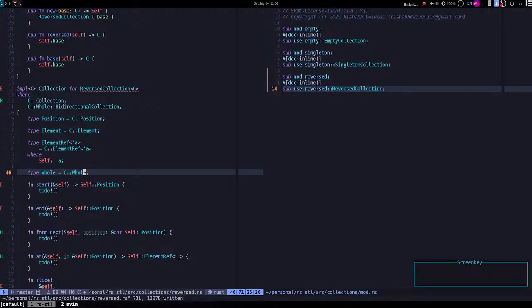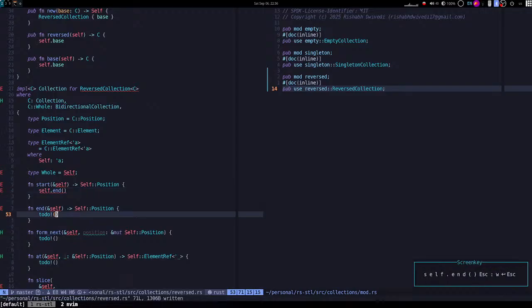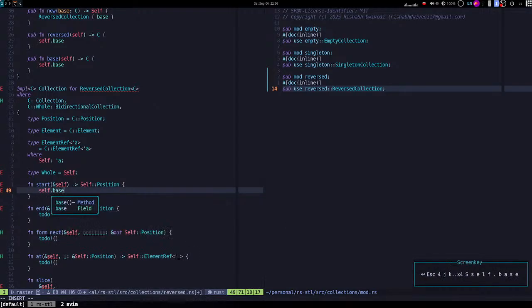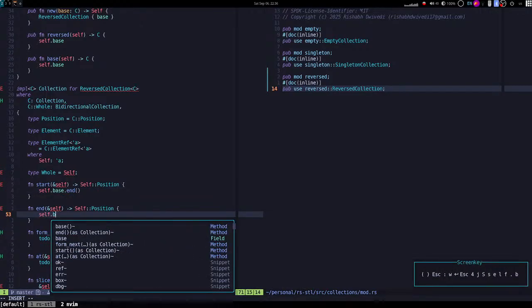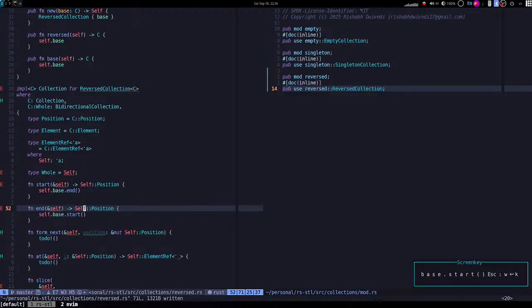I do not think so. The whole thing is self, right? The whole is not the internal one, so it should be self, right? So start, I guess start should be self.base.end, and end should be self.base.start, right?